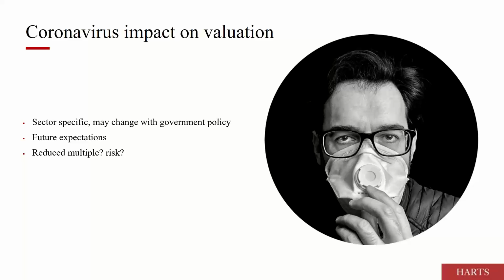A PPE supplier might be the natural example there. Now, increased risk typically reduces the multiple that people will pay for it. Why would you pay for 5 years' earnings if you're not so sure that it's going to come off? You might only be happier with 4 or even 3 because there's more of an uncertainty over that sector, over that business going forward.